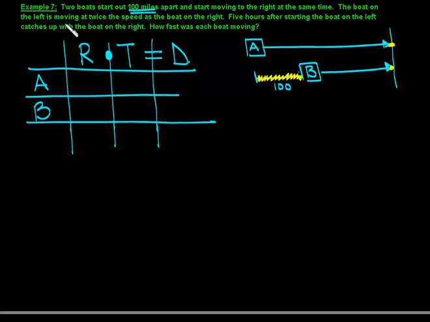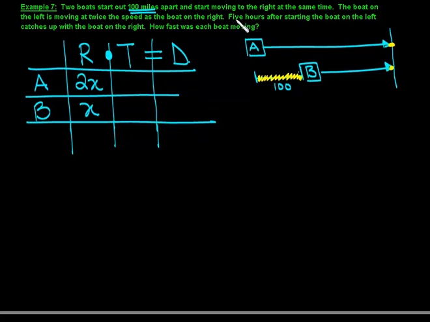The boat on the left is moving at twice the speed as boat on the right. That means boat A is going twice as fast as boat B. Do we know how fast boat B was going? They didn't give us that this time, so let's call that x. So in this case the speed of boat A would be 2x. It will be twice the speed of boat B.